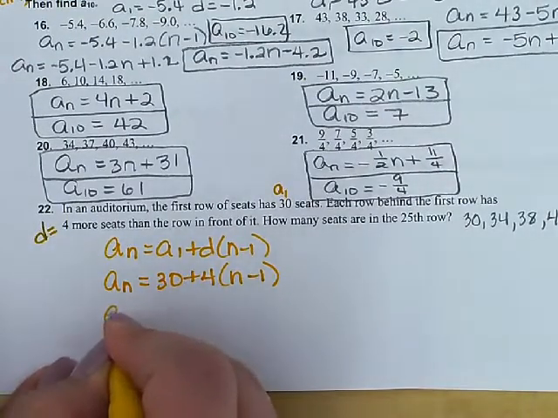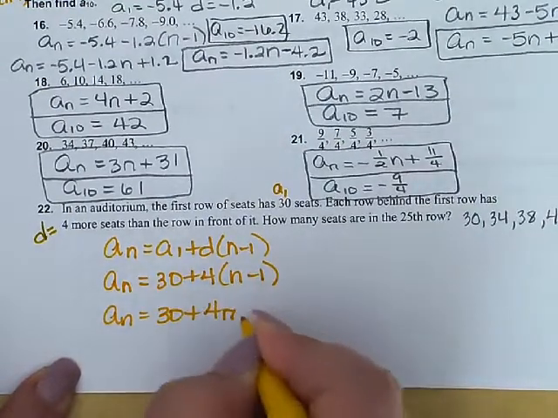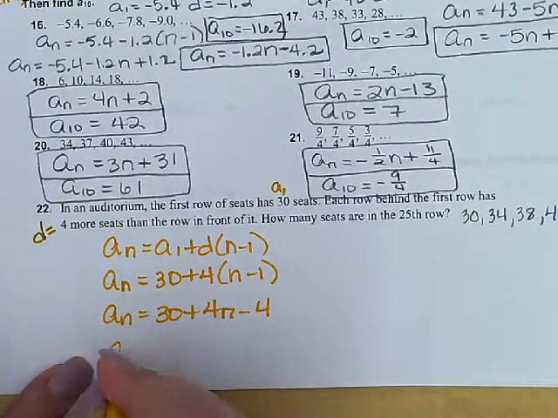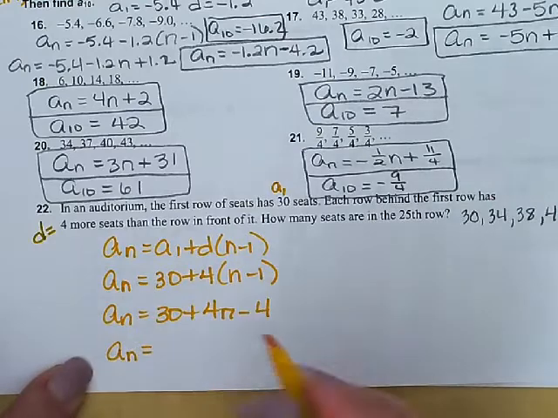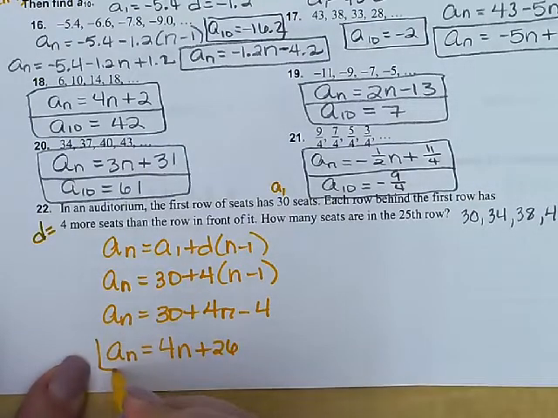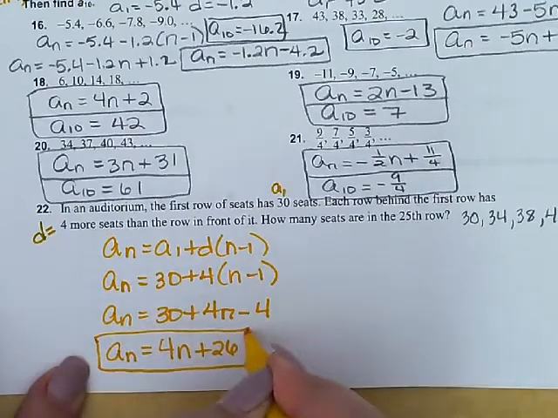So we'll distribute that 4. So it'll be 4n minus 4. And then we'll combine like terms. So the explicit formula that can help us solve this problem is this one right here. Okay, it's 4n plus 26, sorry.